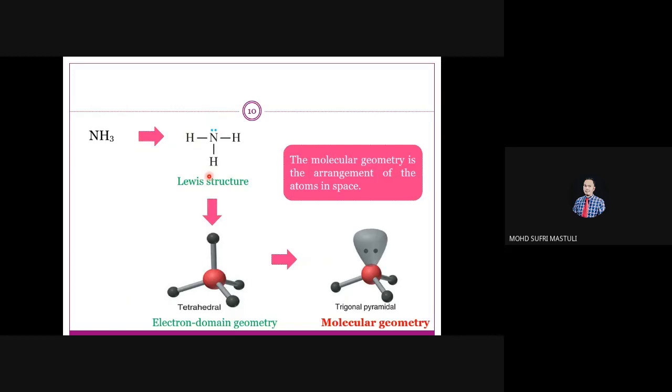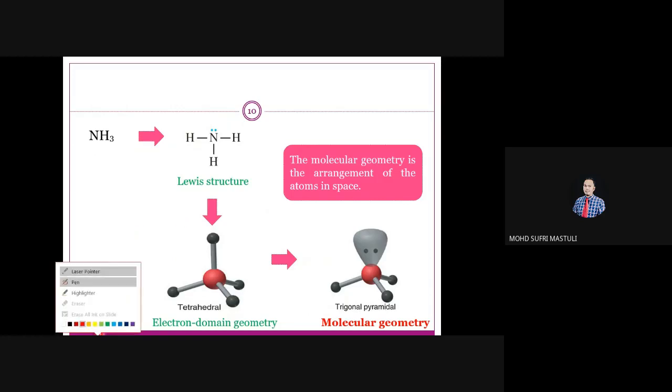If the electron domain is 4, the electron domain geometry is tetrahedral. However, due to the presence of a lone pair in ammonia, the geometry is no longer tetrahedral. So the geometry changed to trigonal pyramidal.